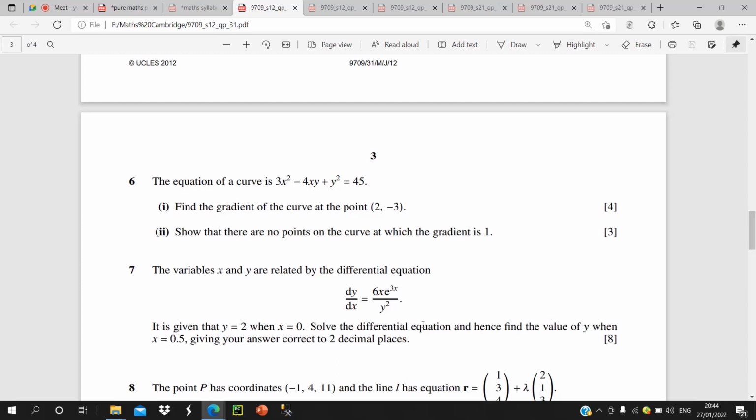So they are saying solve the differential equation and hence find the value of y when x equals 0.5. Meaning you are going to solve this differential equation and make y the subject. After making y the subject, you are going to find the value of y when x equals what? 0.5. Okay, fine. I have taken the screenshot.